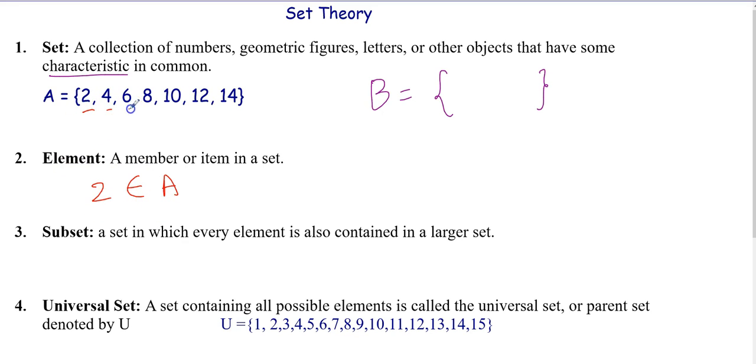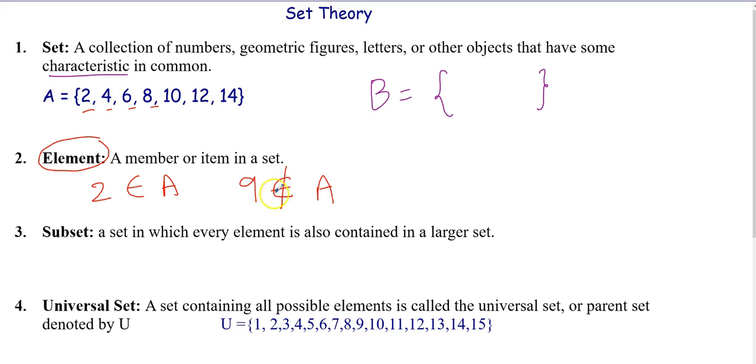And these are all called the elements of the set. Now suppose you have 9, is 9 an element of A? No, we don't see 9 here, so I'll write 9 does not belong to the set A.